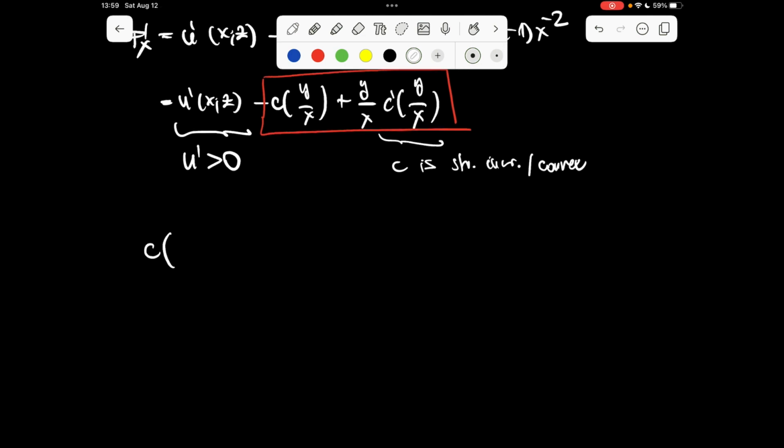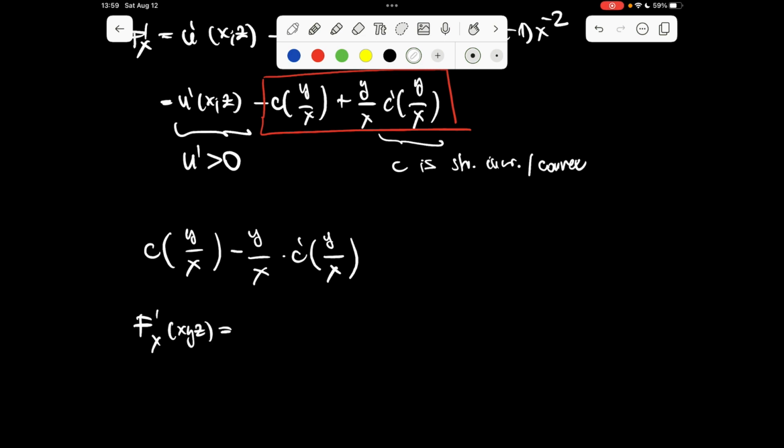So what we need is characterizing the behavior of this part of the function. Let's write the first derivative of the one period return function in this way.